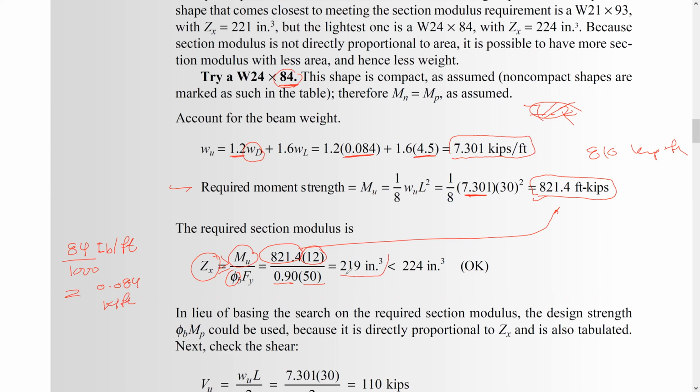Then this should be equal to 219 inch cubed, and this one is still less than the Zx for the selected cross-sectional shape, wide flange W24x84. So right now let's see how much this section will carry. This section right now, we know that Zx for this section is greater than the required one, and this is the required moment. So how much will this carry?